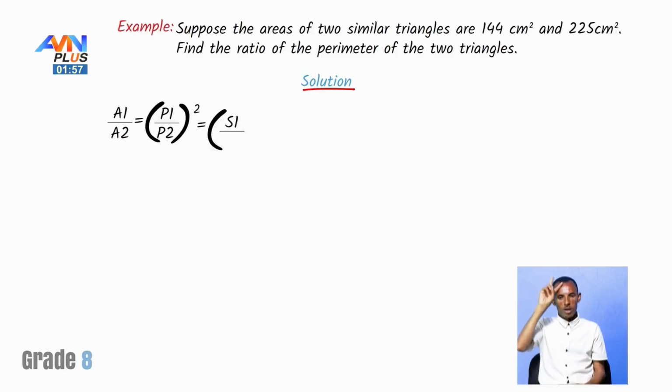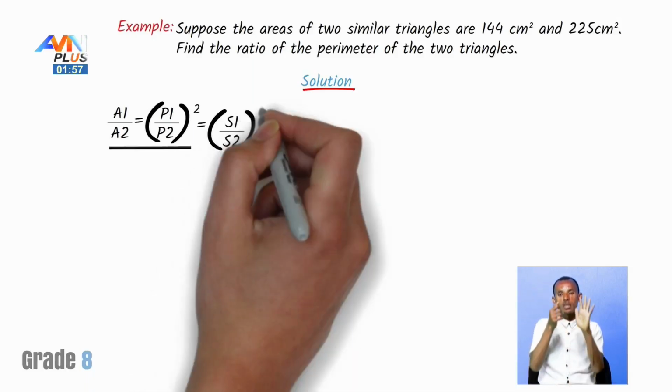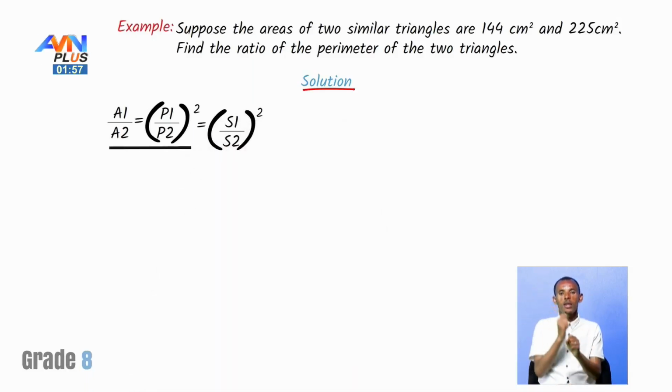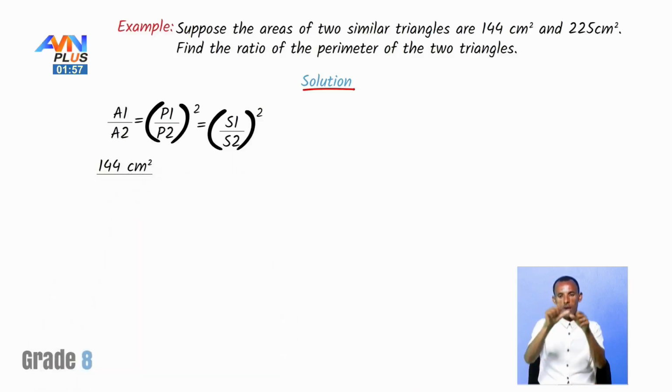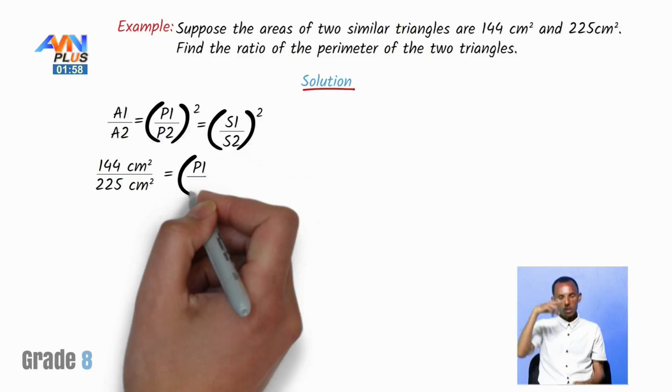For this specific example, we only need the first two cases. So area one, 144 centimeters square, and the second area, 225 centimeters square, must be the same as P1 by P2 the whole square.